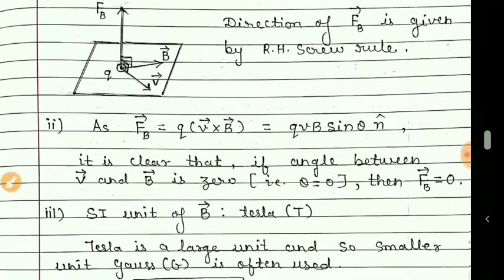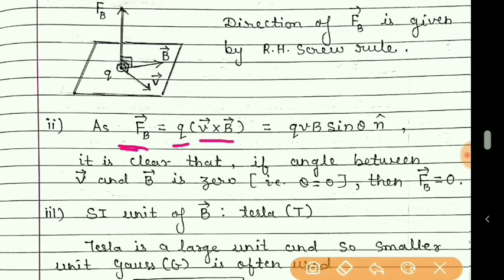Now students, we have seen that the magnetic force is given by Q V cross B, and whenever we remove this cross product, we put sin theta. Here this theta is nothing but the angle between velocity and the magnetic field. This n cap shows the direction of the force.